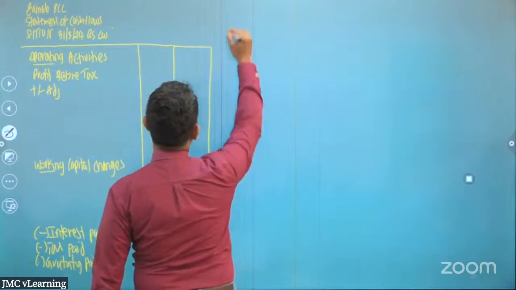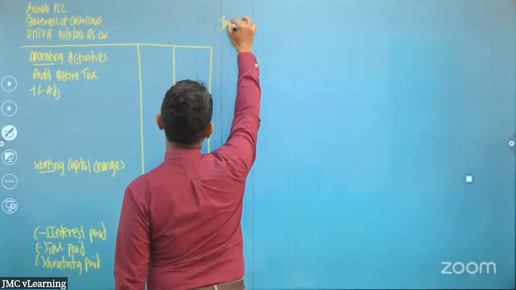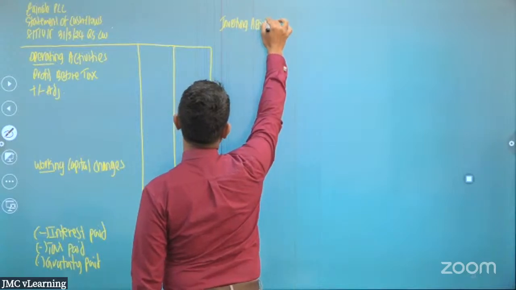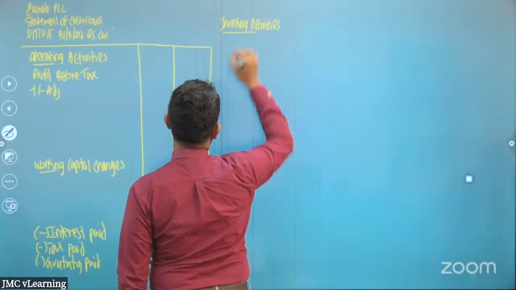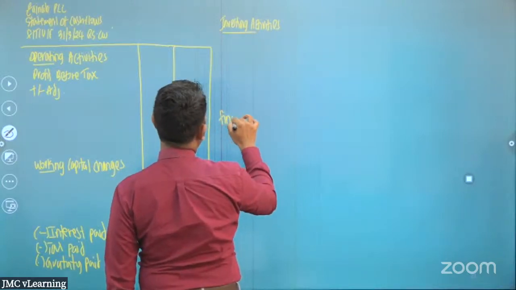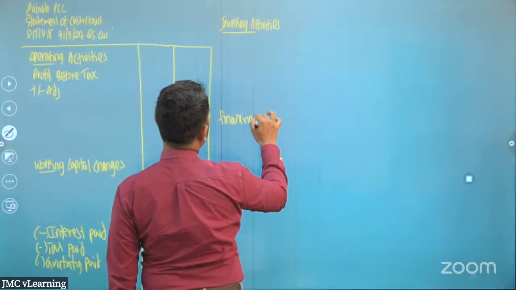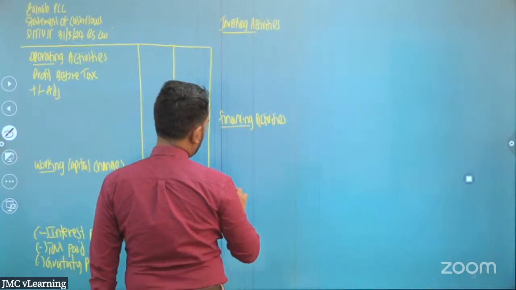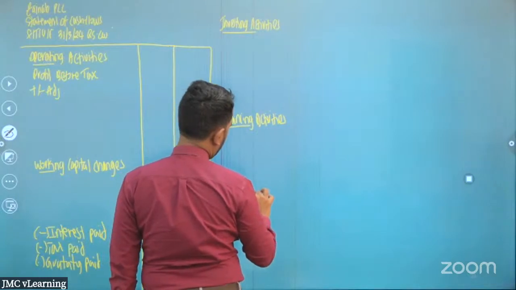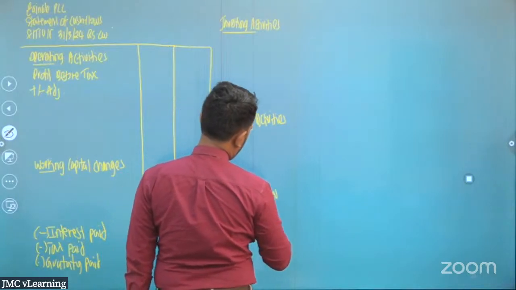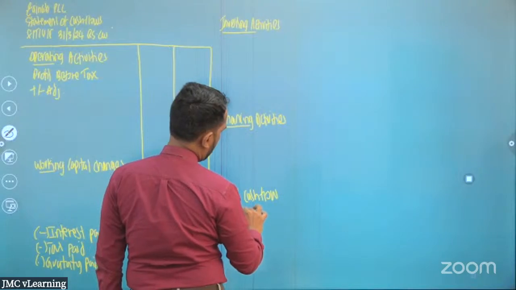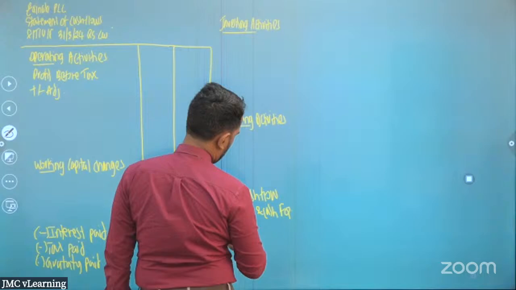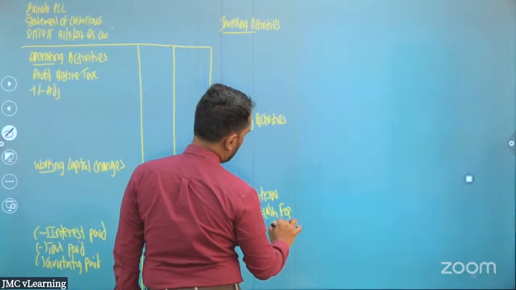Then you have the investing activities. Then you have the financing activities. Then you have the net cash flow. You have the opening cash and cash equivalents and the closing cash and cash equivalents.